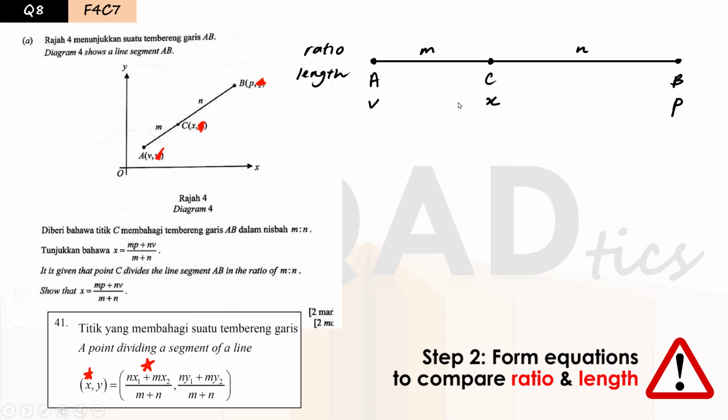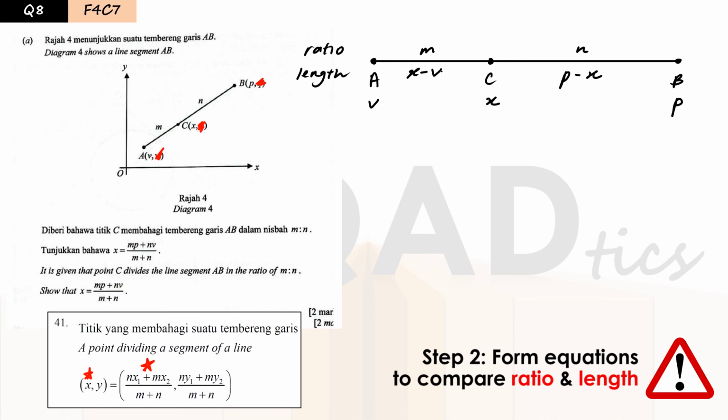For the length of AC, because x is bigger than v according to this diagram, since point A is on the left of point C, the length is x minus v. And for the length of CB, because p is greater than x, it is p minus x.